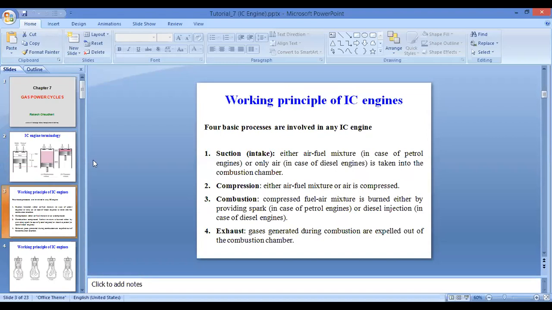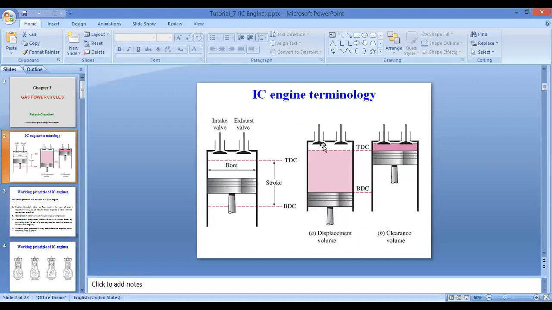And what is the last process? Exhaust. As soon as this mixture of air and fuel burns, it is obvious that it will push the piston in the downward direction. That is our power stroke. But it will also create the exhaust gases, the burnt gases, and we want to repeat these processes for the next cycle.